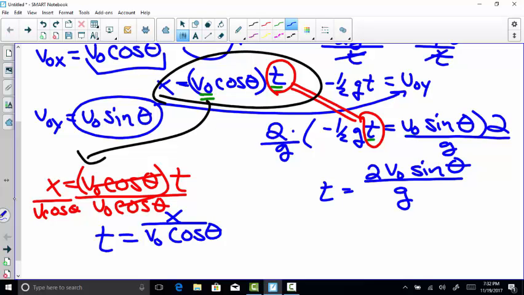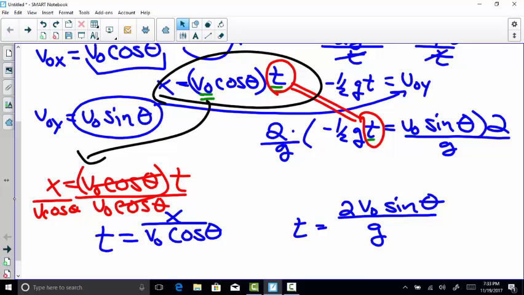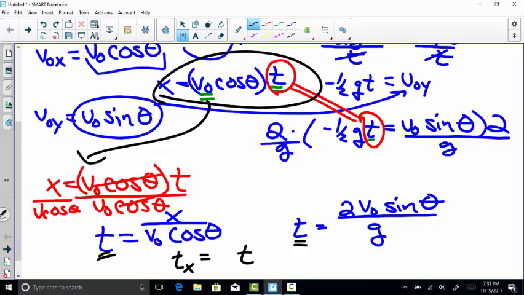Okay? So, what did that do for me? Well, now I have two equations that have time in them, and these two times have to equal each other. The time in the x direction has to equal the time in the y direction.